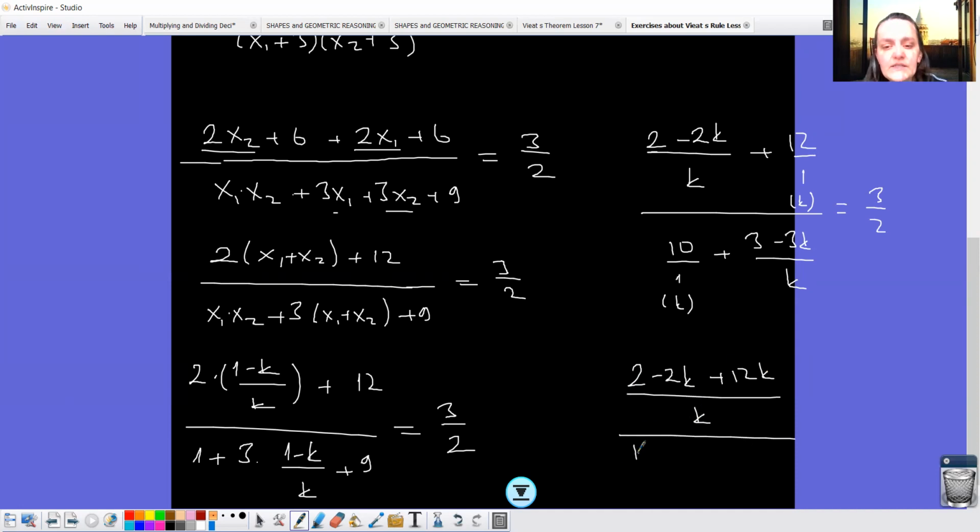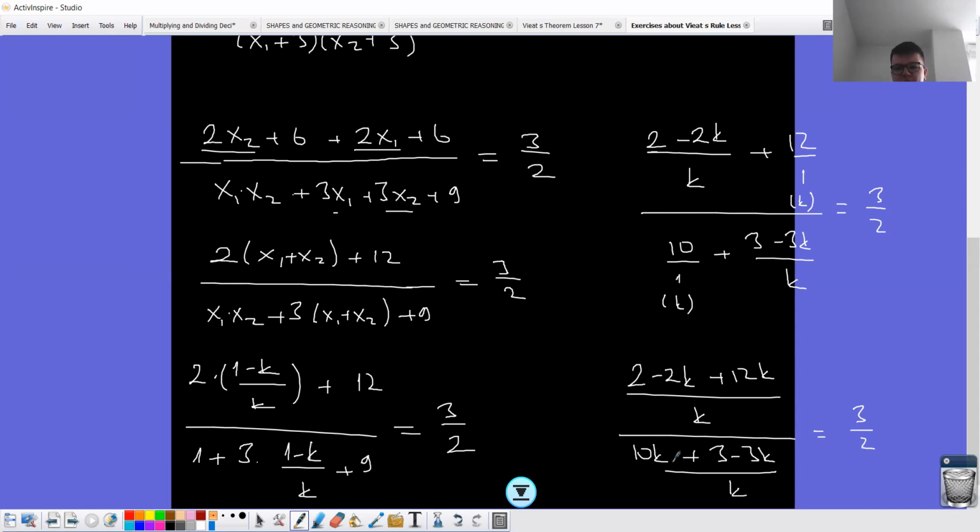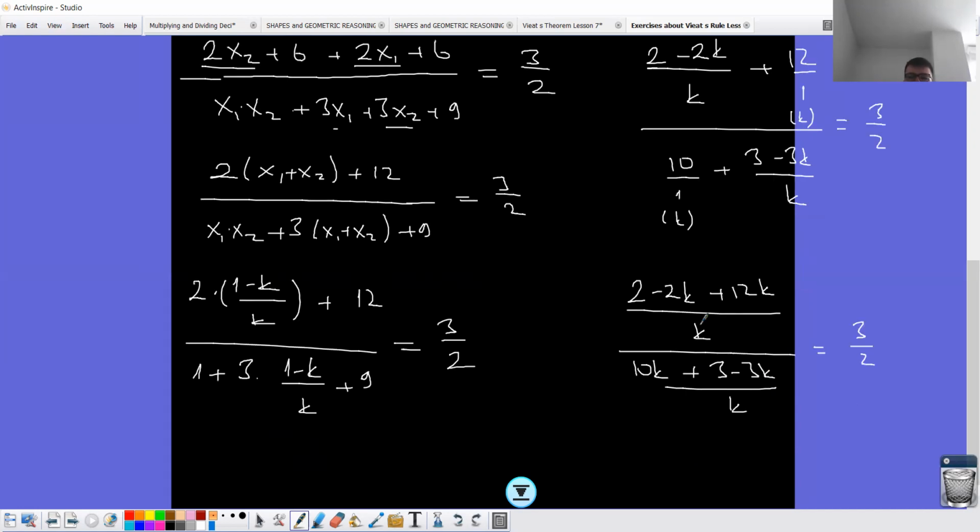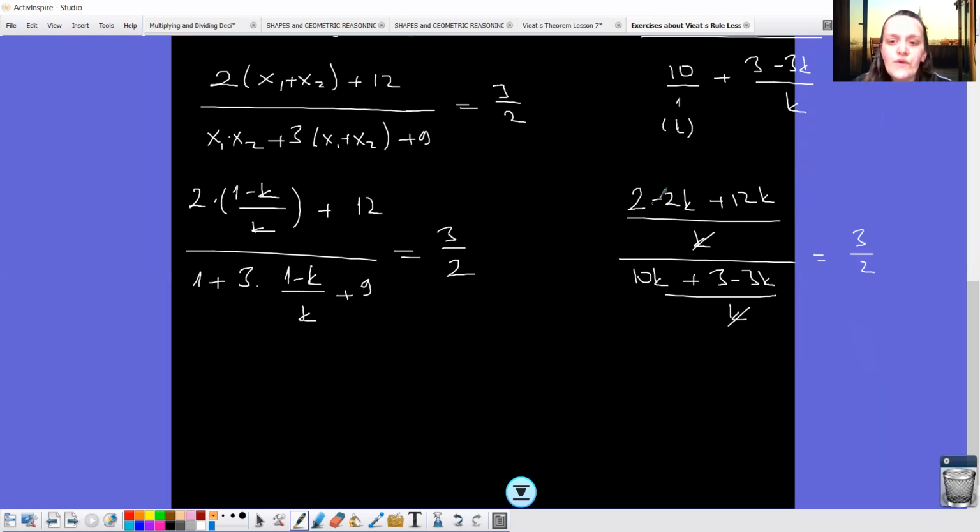Over here, 10k plus 3 minus 3k over k, which k we can eliminate, and we have only 2 minus 2k. Here we have 2 plus 10k over 7k plus 3, which is equal to 3 over 2.